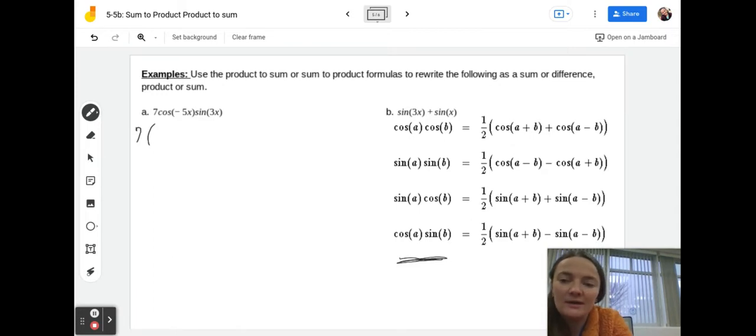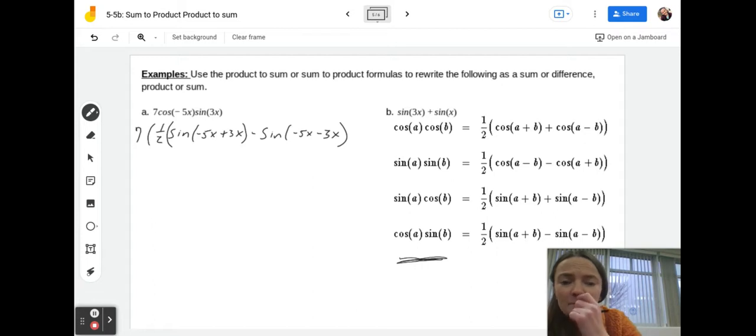All right, so what I'm going to end up getting is 1/2, and then sine of a plus b, that's going to be negative 5x plus 3x, minus the sine of a minus b, so sine of negative 5x minus 3x.